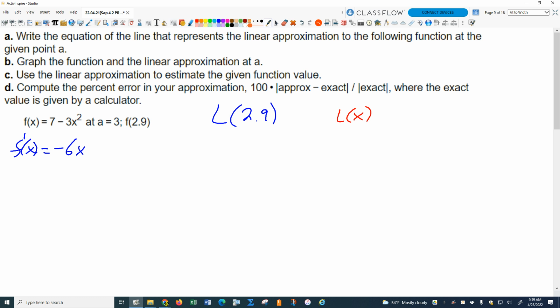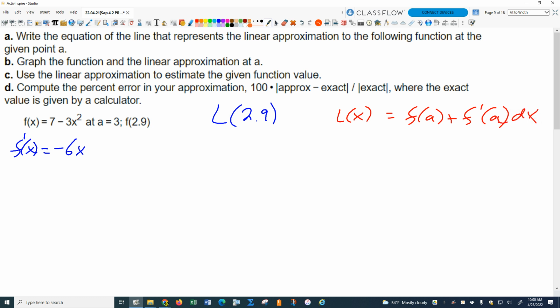If we're going to try to predict the output of the tangent line, what's our formula? You remember? f of a, good, plus f prime of a times dx, good.